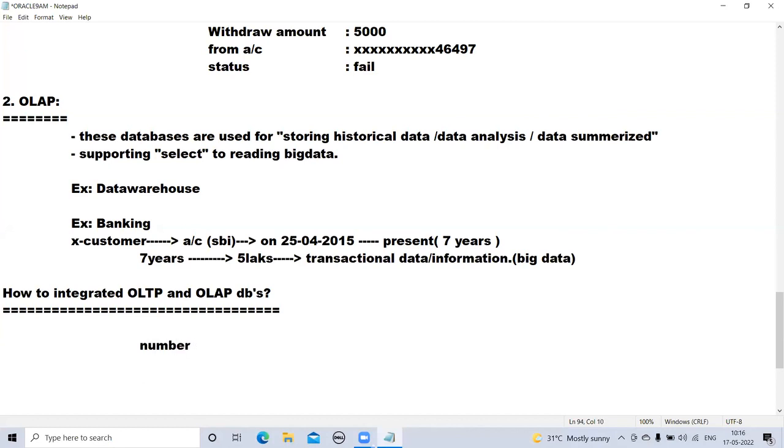This number data type is not allowed in SQL Server. In SQL Server, suppose we use varchar(max), but that is not supported in Oracle.